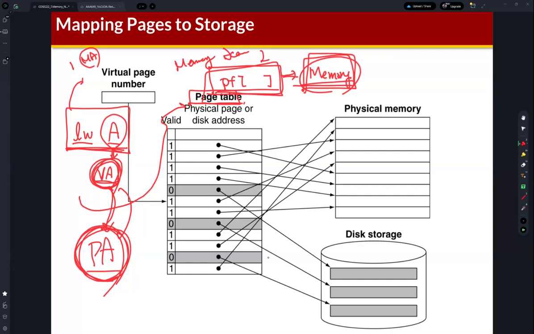Do you understand? This is the load instruction executed by the CPU, but the virtual address needs to be translated into the physical address. For this translation, the CPU needs to access the page table. And where is the page table? The page table is a data structure, like an array. So this is also data. Where is this data?